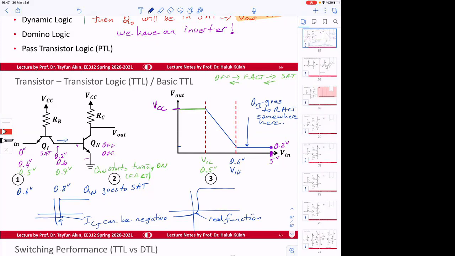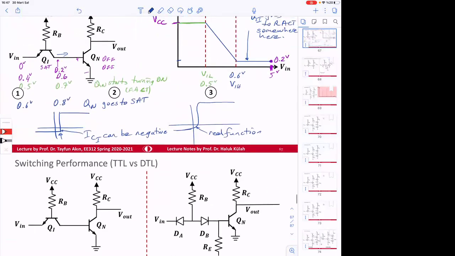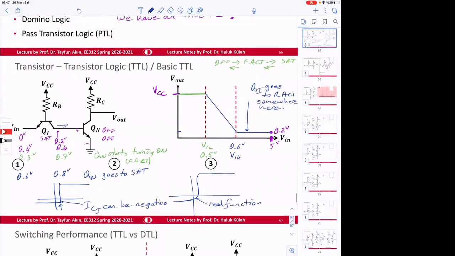But we will be seeing this basic TTL more next time, like, you know, what happens in the voltage transfer characteristic, maybe fan out, we'll be finding those. Okay. Any questions?